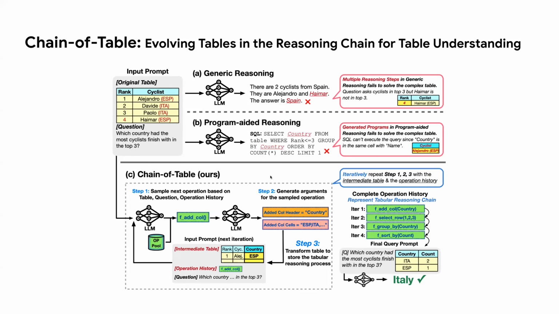In this demonstration, we can see that generic reasoning and program-aided reasoning are not that good at tabular reasoning, giving incorrect answers in this case, while our method can leverage these iterative operations to update the table and come to the final correct answer.